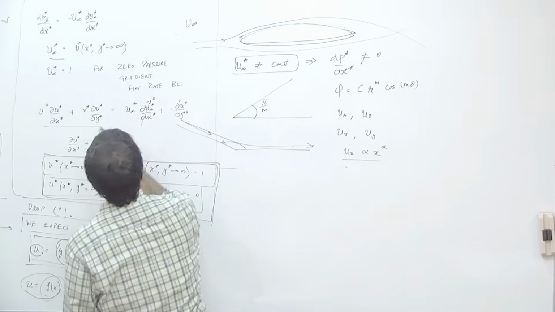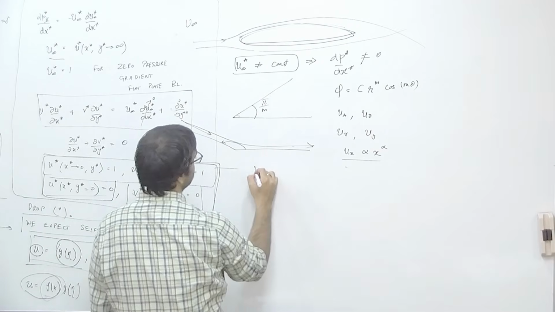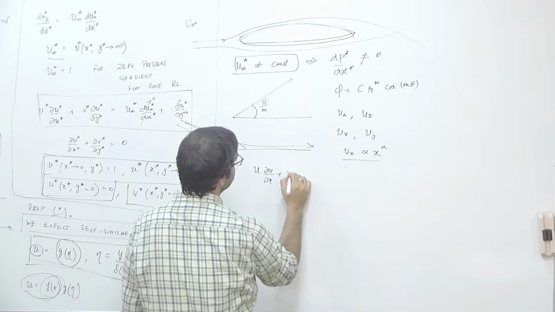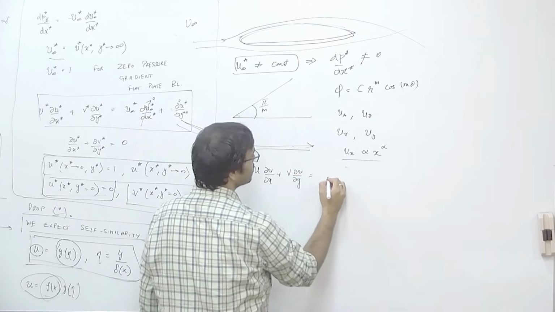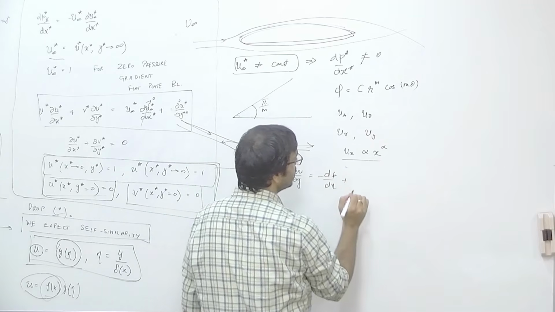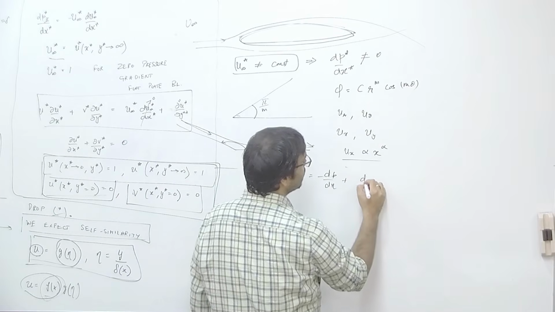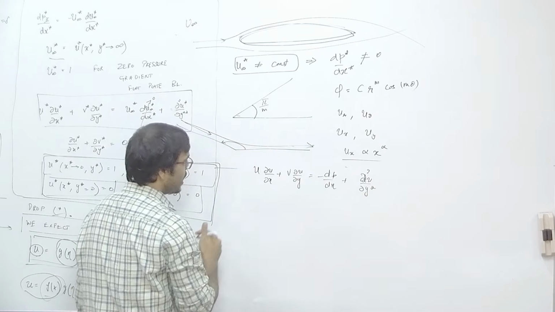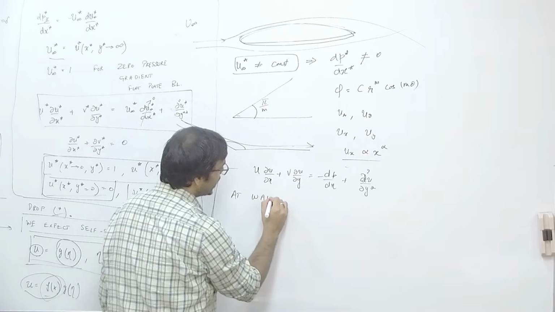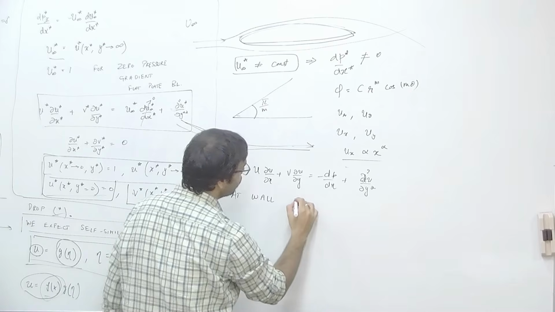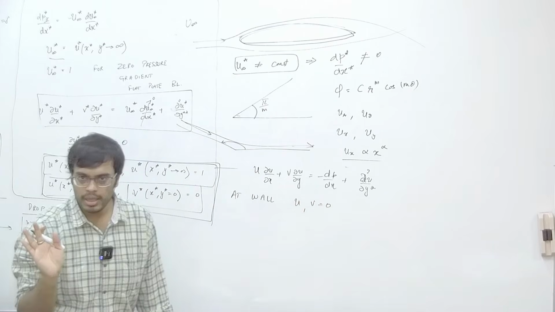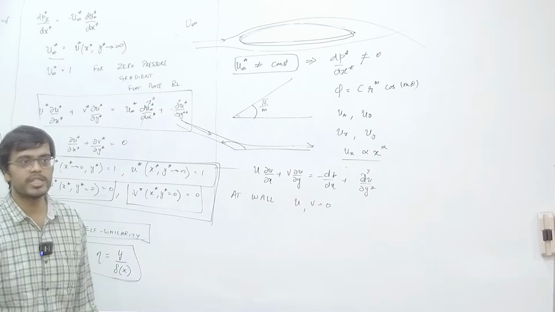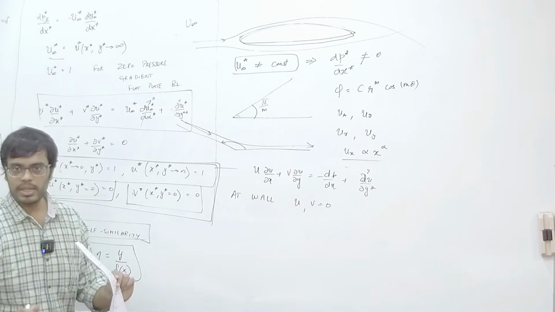So, recall our governing equation here. Again, I am dropping all the stars. u del u by del x plus v del u by del y equals minus dp over dx plus del 2 u over del y square. At the wall, irrespective of the wall being curved or not, we know u and v both are going to be 0, right. Even if it is curved, the tangential and normal direction velocities are 0.